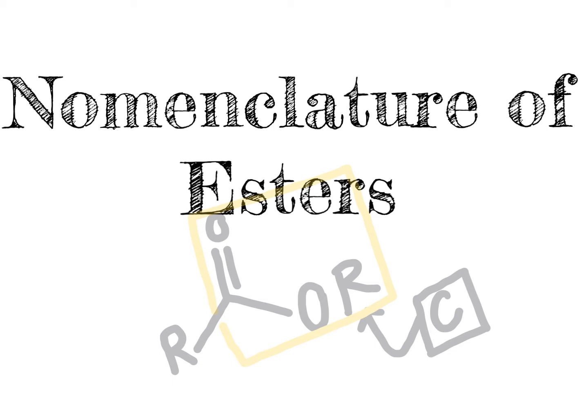They often are components of flavors and fragrances. So a variety of esters have very fruity or sweet smells about them, making them common ingredients that are added to perfumes and added as food ingredients. So let's take a look at the IUPAC nomenclature system for esters.